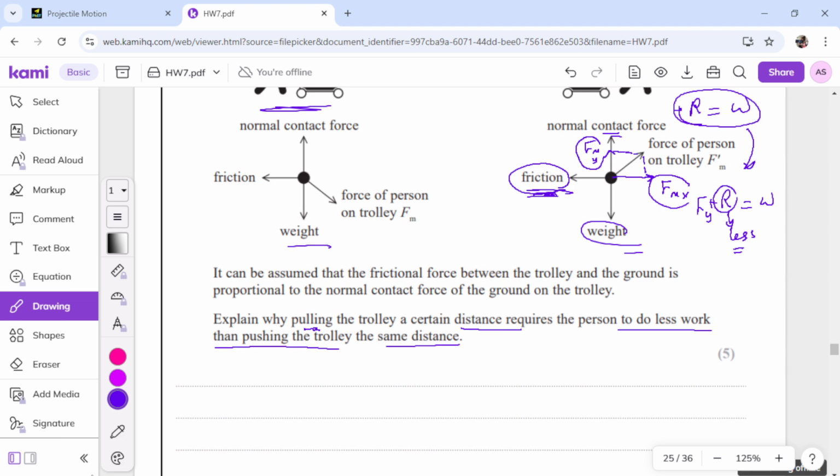Okay, I will start with pulling. Pulling will give an upward force, which is what?